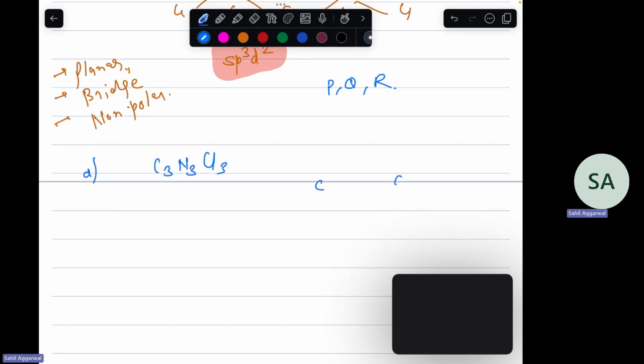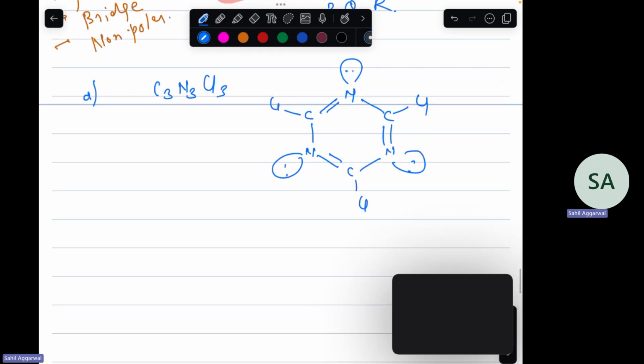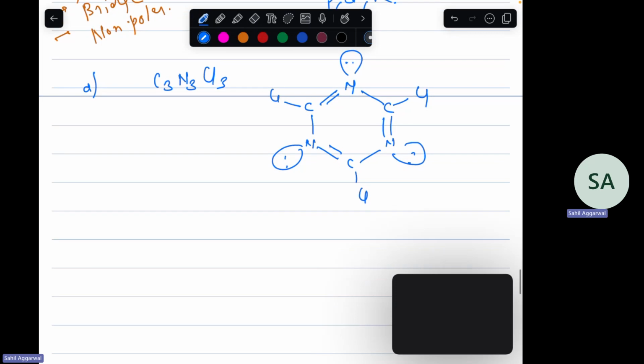Yes, then we have D, C3N3Cl3, so NCNCNC. Will this be planar? Yes, it will be planar. Will it have bridge bonding? No, nothing will be there. No bridge bonding. No back bonding.